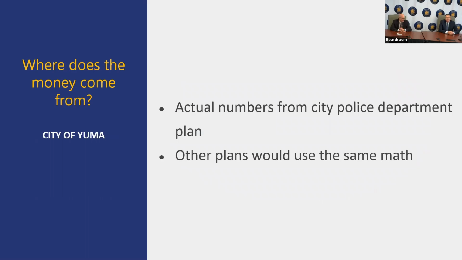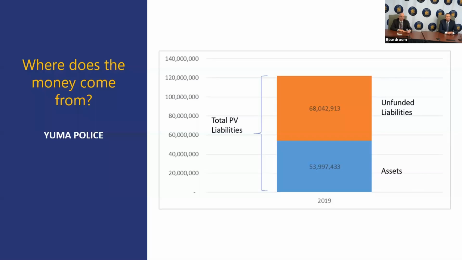So this is some information we put together when we presented to the City Council of Yuma. This is related to their police department plan, but all plans work the same. It's the same math. The numbers just change a little bit from employer to employer. So this is a representation of what we already talked about in terms of the unfunded liability, but this is a way to paint a picture so you can help to get an understanding of this.